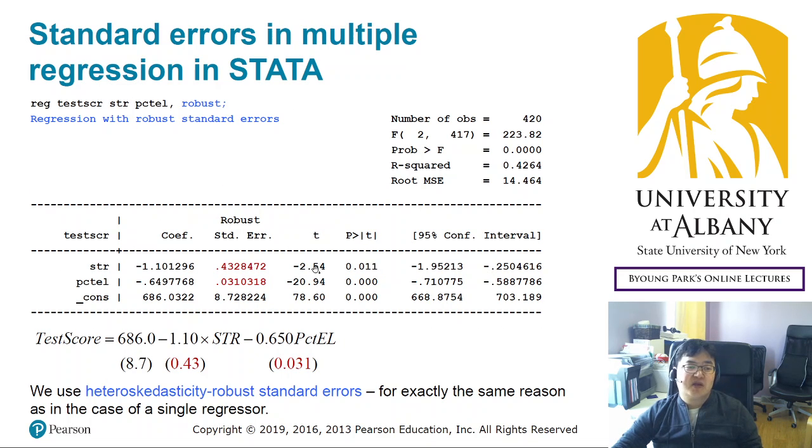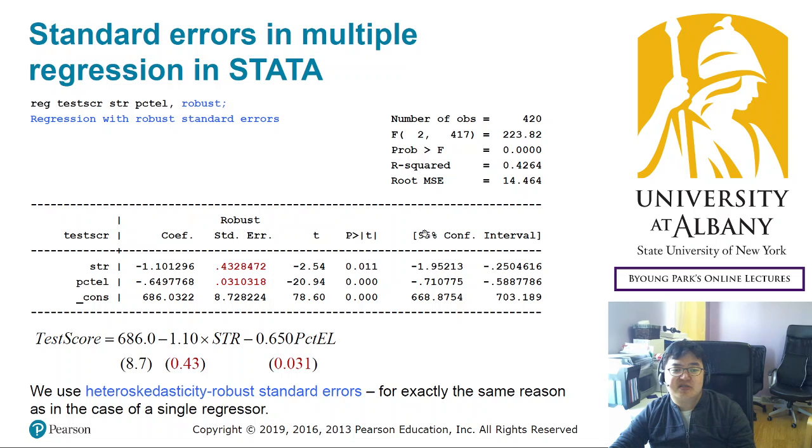This is the difference between your coefficient and 0 standardized by the robust standard error, which is minus 2.54, and that is outside of plus minus 1.96. Therefore, your coefficient is statistically significantly different from 0. That is what we can tell at the 5% level.